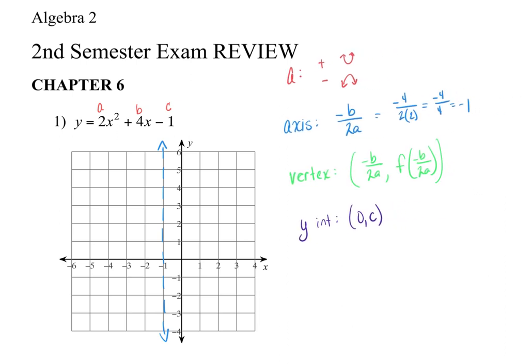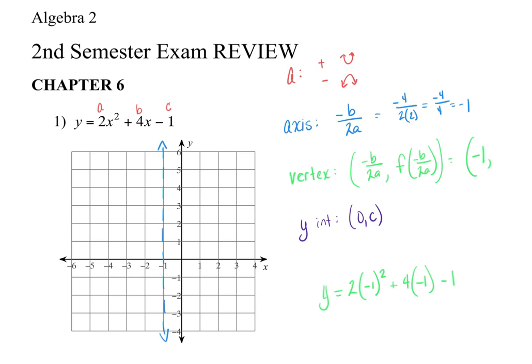The next piece is the vertex. I've actually already found my x value. That is negative 1. To find my y value, I plug it into my function. So I have y equals 2x squared, and I'm going to plug in that negative 1, plus 4, again plug in the negative 1, and minus 1.